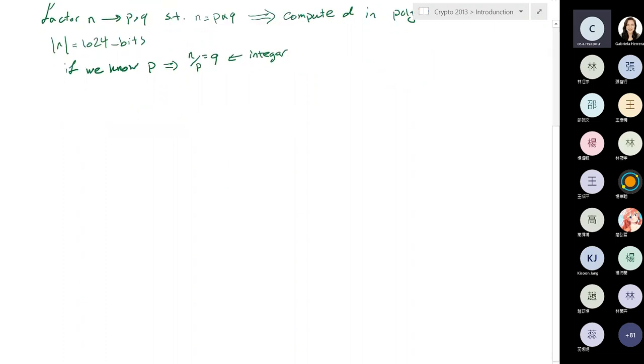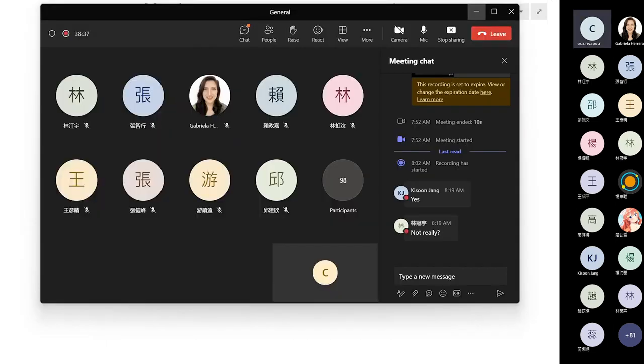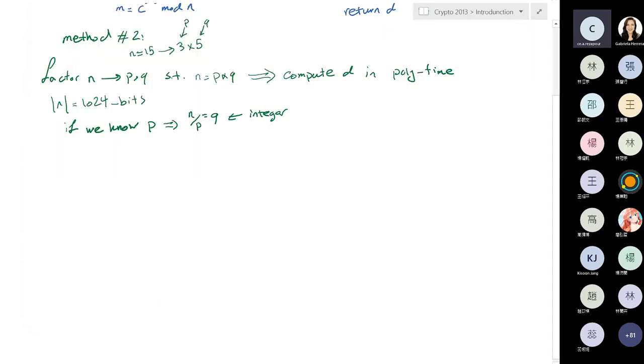Okay, how do we find p? Does anyone have any idea? If you want to find this p that factors n, what is your suggestion? How do you think you can find it? Any opinion? All right, let's get to this. We said that p is prime.